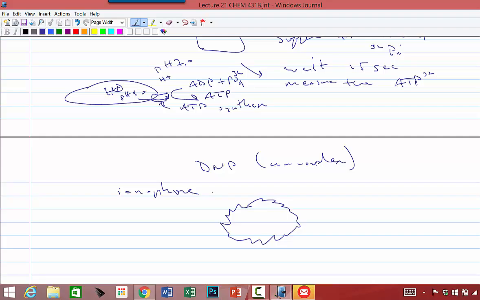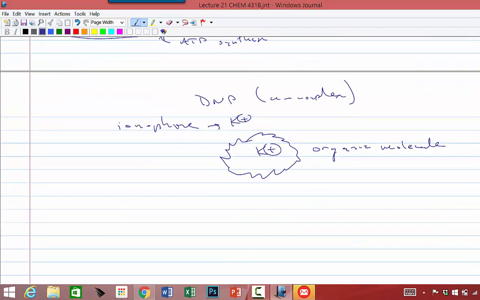And they used an ionophore that was very specific for potassium. So the potassium would get caught into this ionophore. This is an organic molecule. And so they found out that they could shut down any type of membrane potential by putting in this ionophore, and they would put a little potassium in it.